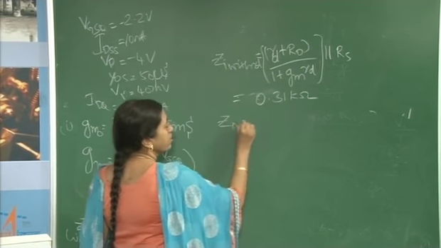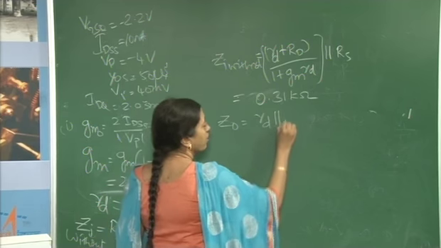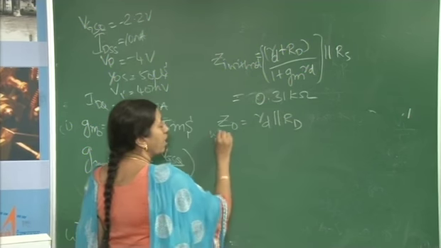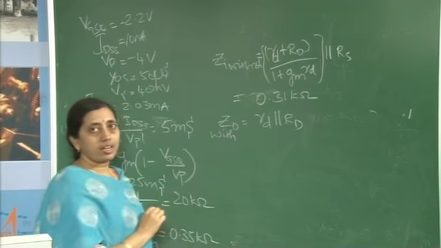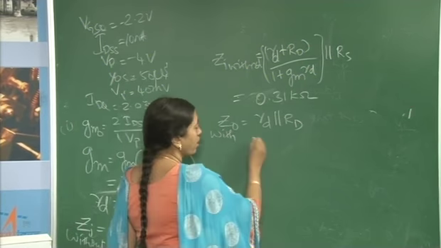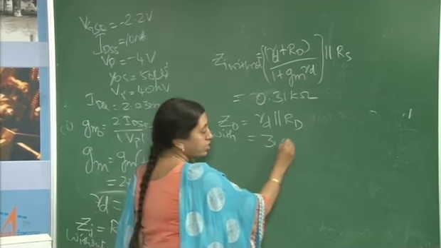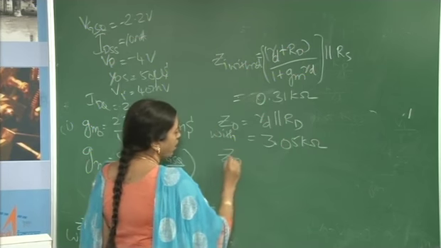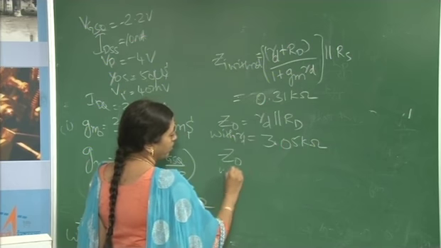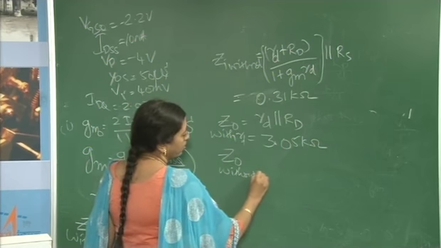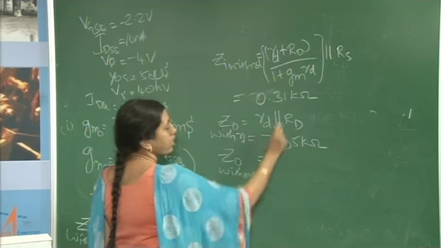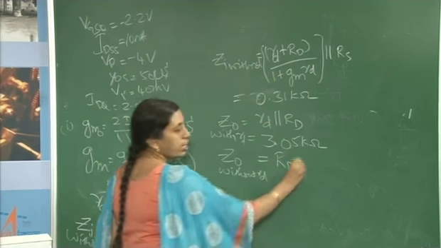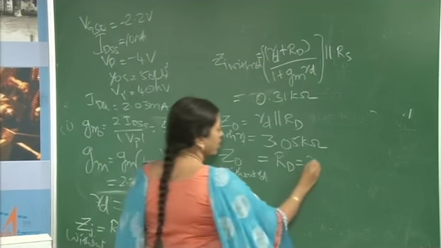Z naught is RD parallel with rd. So, if we consider rd, then it is RD parallel with rd. This comes to around 3.05 kilo ohms. Without rd, obviously Z naught is same as the value of RD, which is 3.6 kilo ohms.